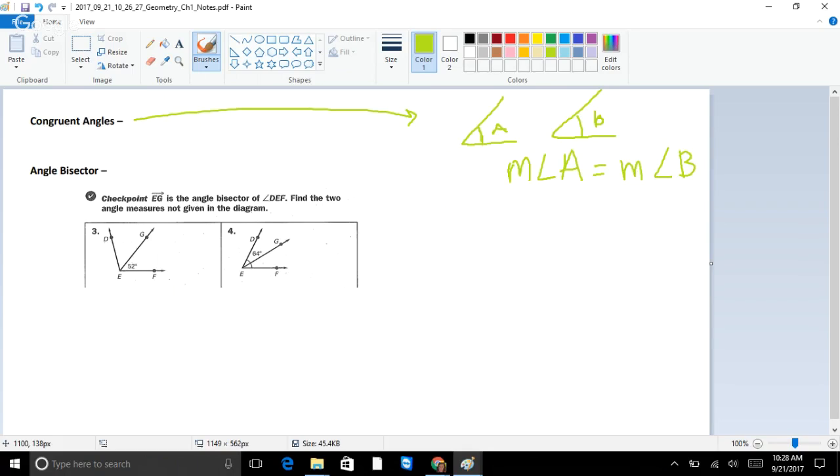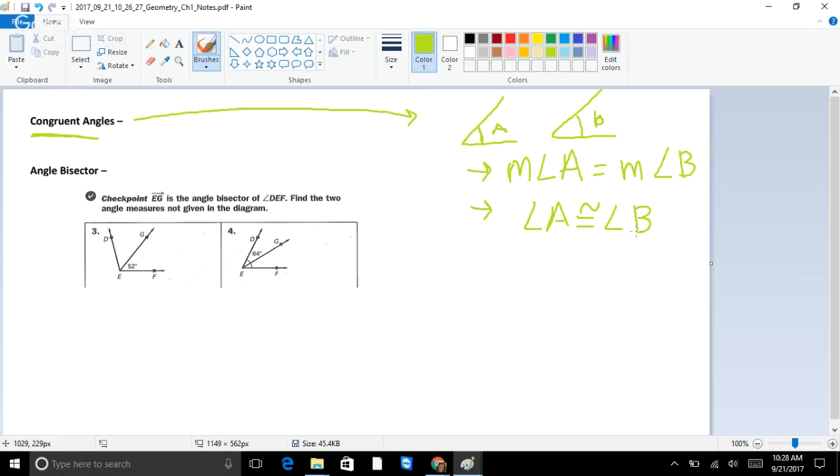So congruent, remember, is another fancy word that we use in geometry. So we could say that they have the same measurement. We can also say that they're congruent. So when you get to this word congruent, we would say that angle A is congruent to angle B. So remember how we talked about that congruent symbol and what that meant?